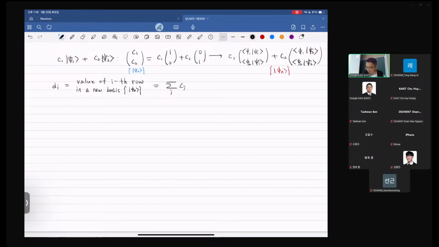Phi I psi J, little CJ. Okay, it is correct.